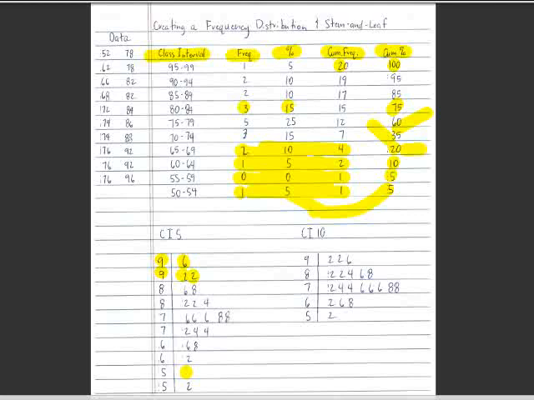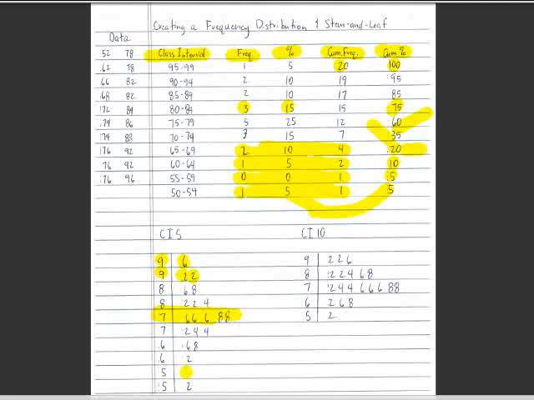So what's the most frequently occurring score here? Looks like it's probably a 76, because there's 3 6s right there. Which class interval had the most observations? Again, it would be the 75 to 79, because there are more leaves in that class interval than in any other one.